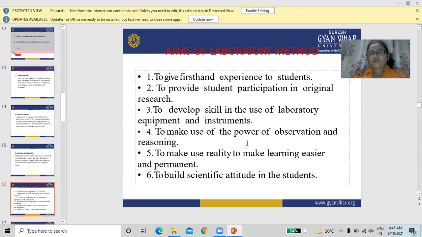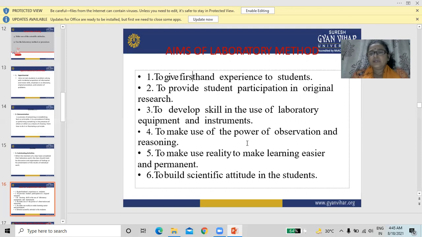Next aim of laboratory work is to make use of reality to make learning easier and permanent. Because in laboratory work, students learn by doing.